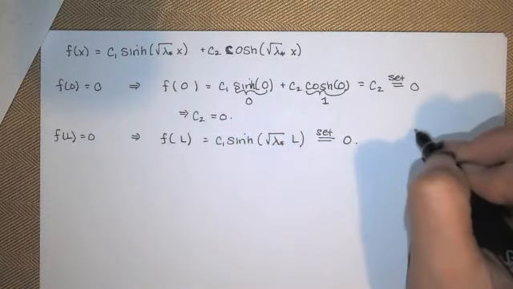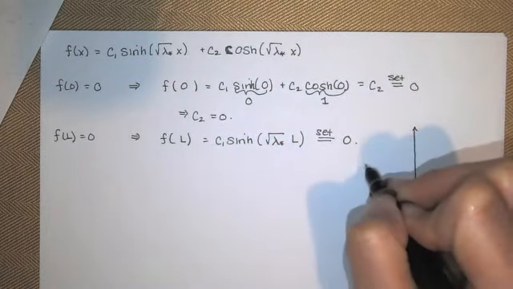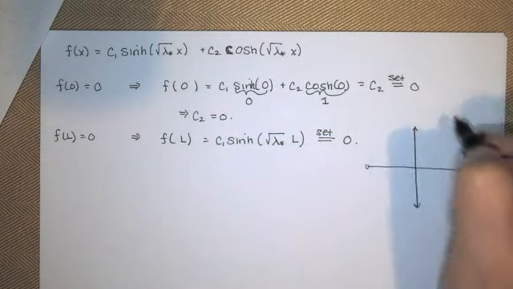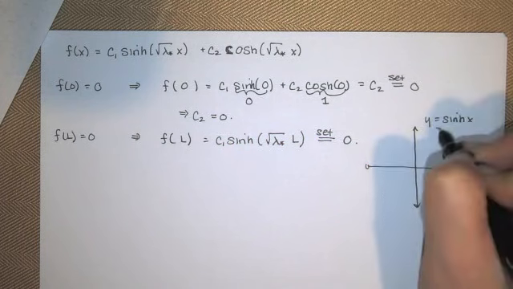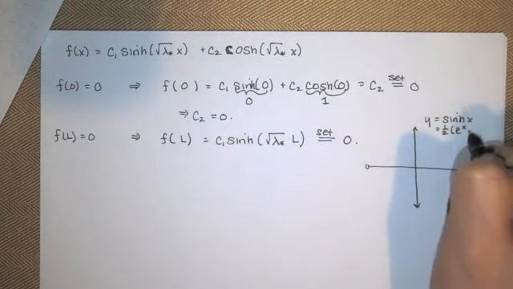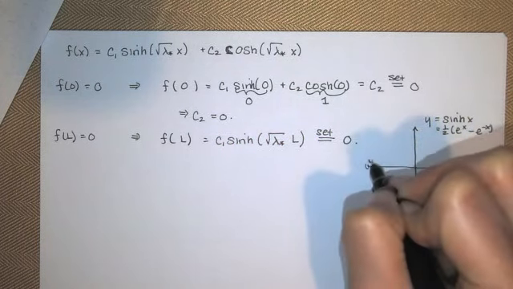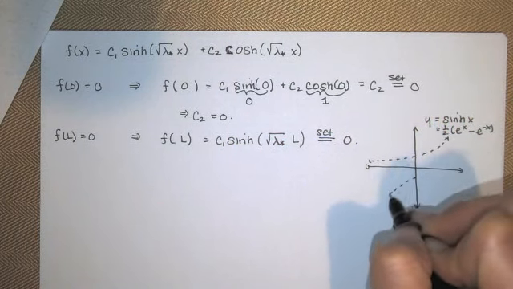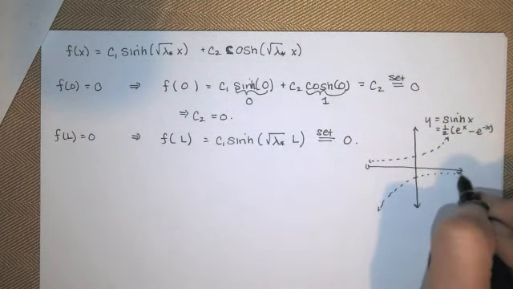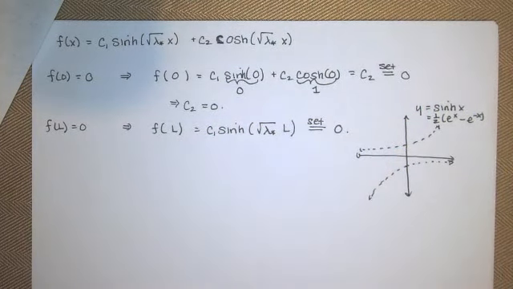And if you're saying to yourself, I don't remember how that works, remember again that the hyperbolic sine function looks like this. It's 1/2 times e to the x minus e to the negative x. So here's 1/2 e to the x, it looks roughly like that. And here's 1/2 e to the negative x, or negative 1/2 e to the negative x, it looks like that.